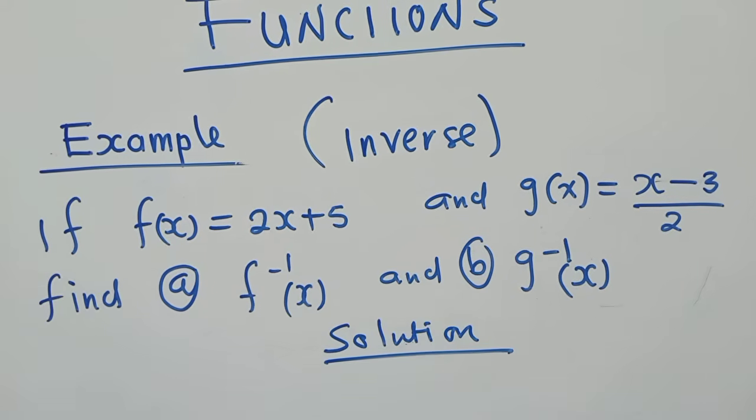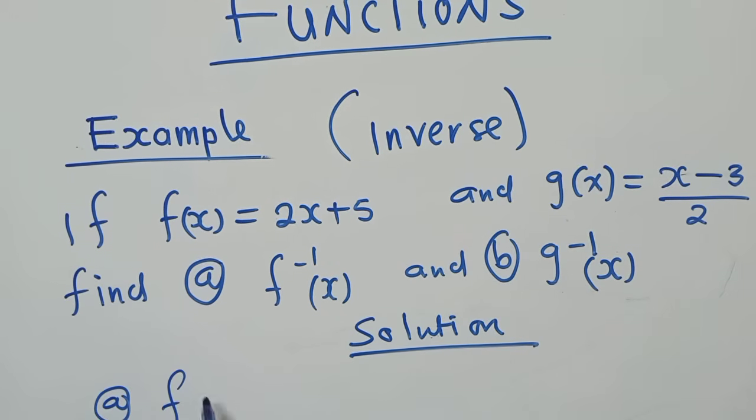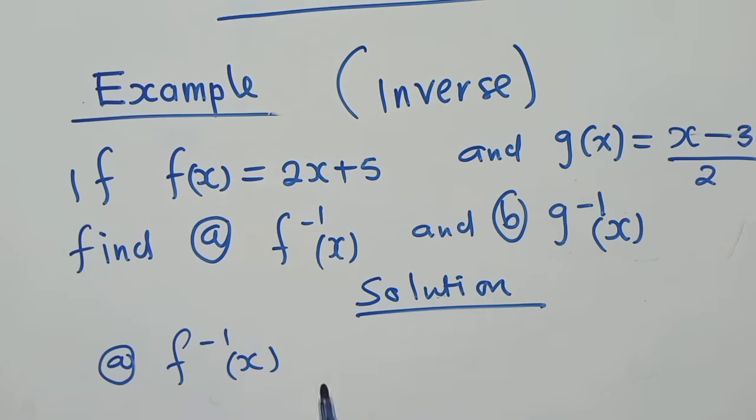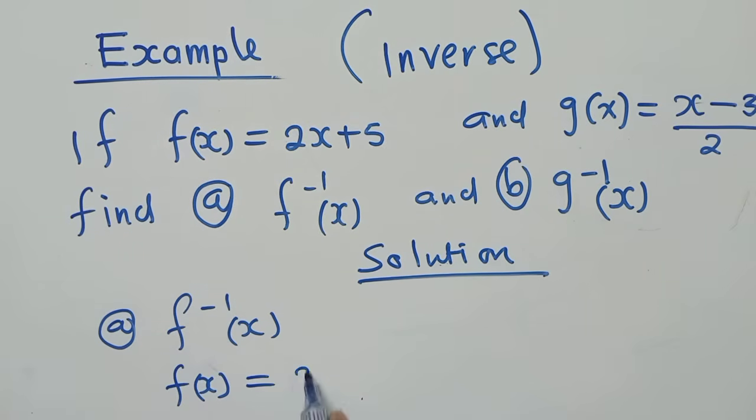So we have A here, where they want us to find f inverse of x. We'll go to the function with f, which is f of x is equal to 2x plus 5.